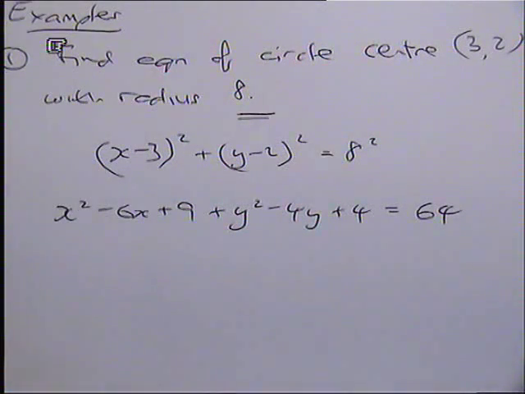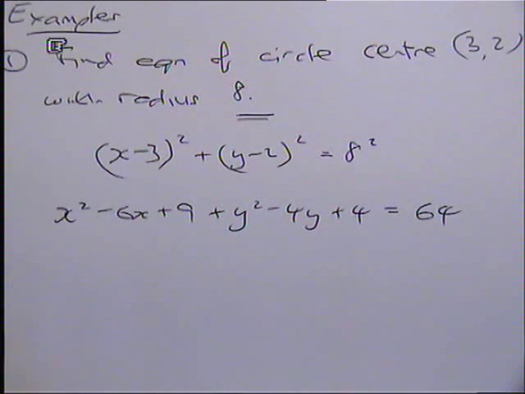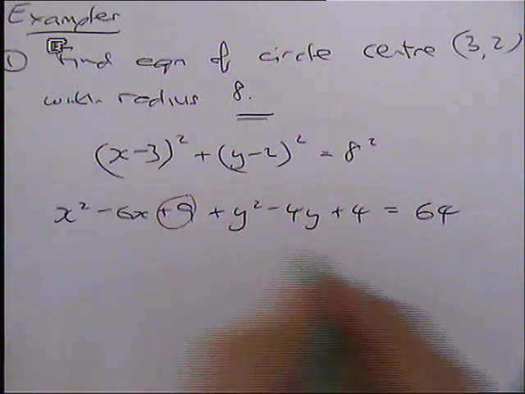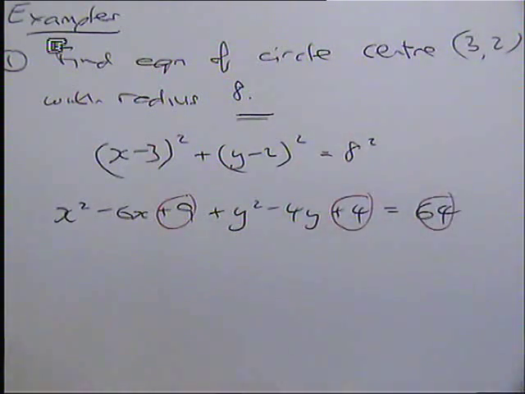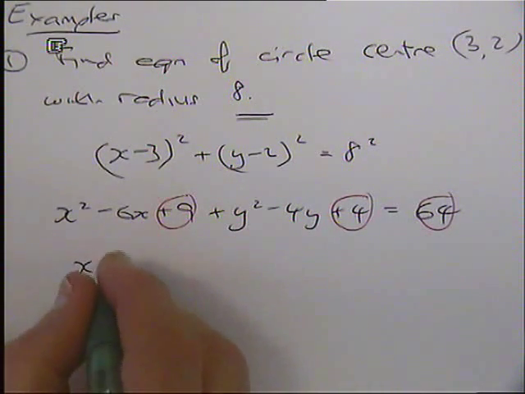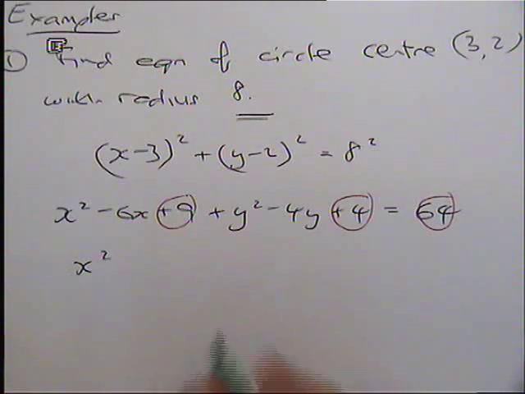Now, you wouldn't normally leave any bit of algebra written down like that. What would you normally do? Group it. Yeah, so the number bits here, you would normally combine together. So if we leave the x squared there, often we write things in order, like in the polynomial homework answers.